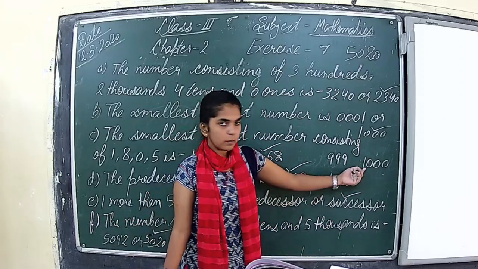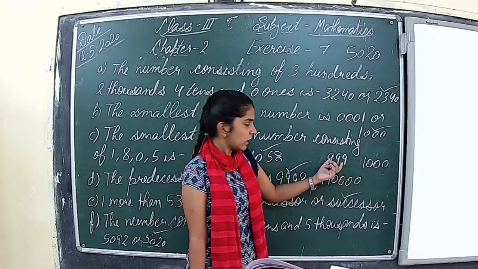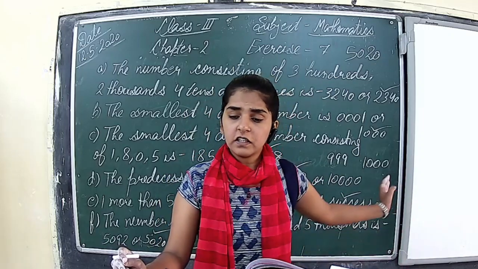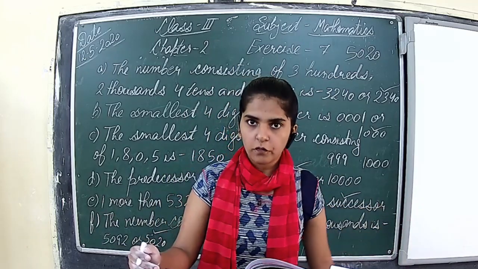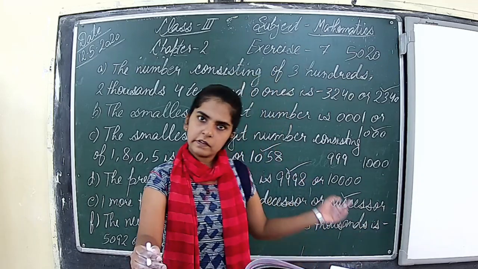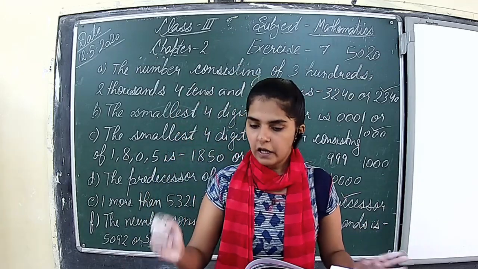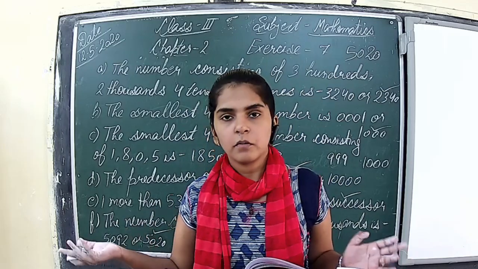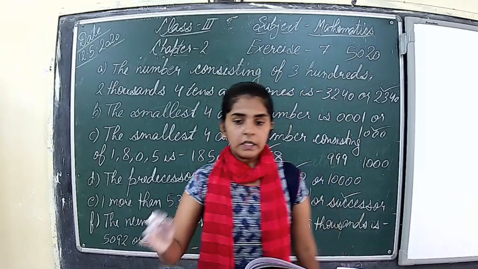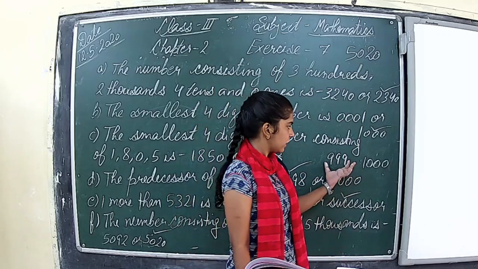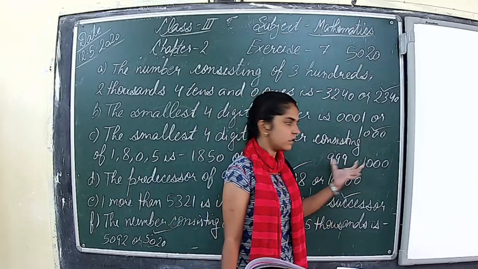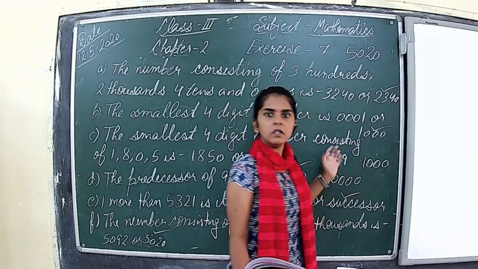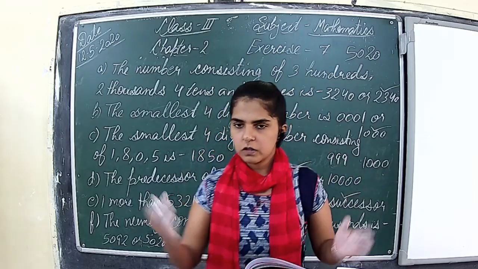The smallest number of 4 digits is 1000, the greatest number of 3 digits is 999. Is 999 the predecessor of 1000? Yes, this is also correct. Last one, is the successor of 999 the smallest number of 4 digits? The successor of 999 is 1000. Yes. All statements are correct.